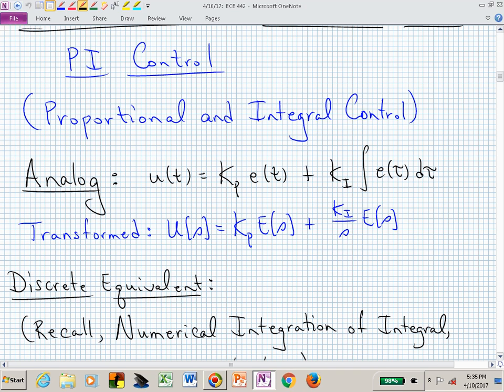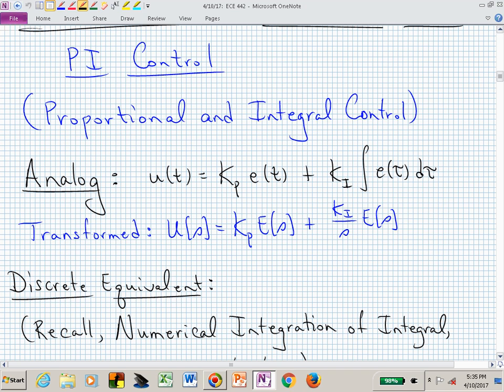In a continuous time setting or in the analog setting, then U is 2 pieces. It's made up of a proportional piece, that's K sub P times E of t, plus an integral piece, which is K sub I times the integral of E of tau, where tau is just my variable of integration.